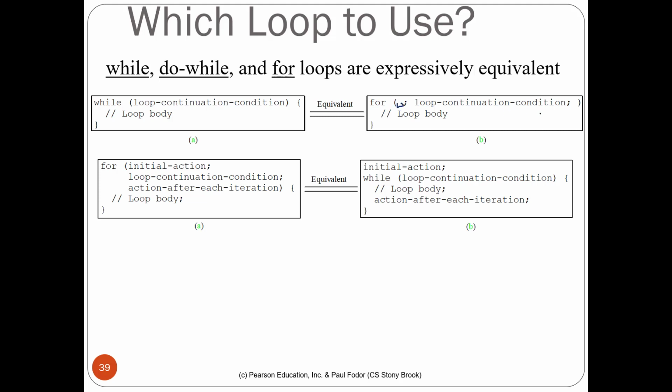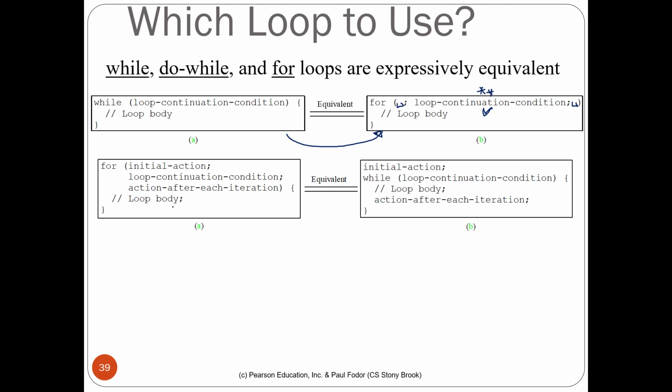This is blank, and you have nothing in the third segment of the for loop, right? You can write a while loop with a for loop also, where you should not have any initialization part, but you do need to have the condition part. This is a must, okay? You cannot leave this part. Alright, and the last part also you can skip.